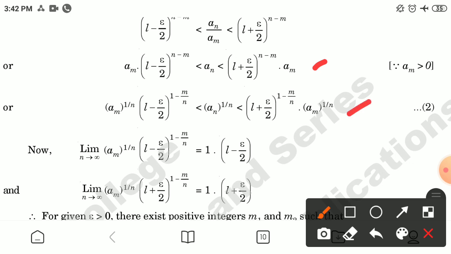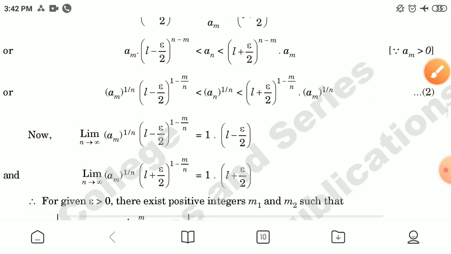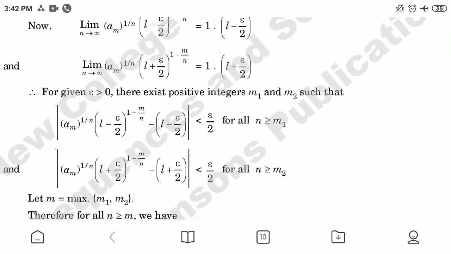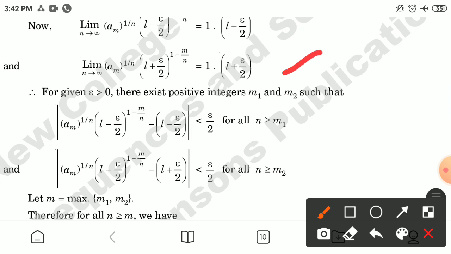Now the limit of Am^(1/n) (L - epsilon/2)^((n-m)/n) as n tends to infinity is equal to 1 times (L - epsilon/2), and the limit of Am^(1/n) (L + epsilon/2)^((n-m)/n) as n tends to infinity is equal to 1 times (L + epsilon/2).